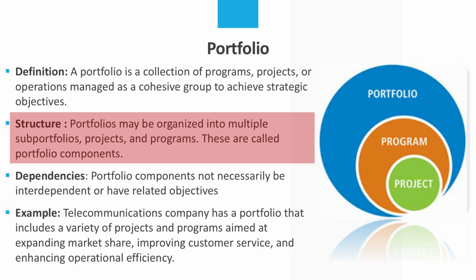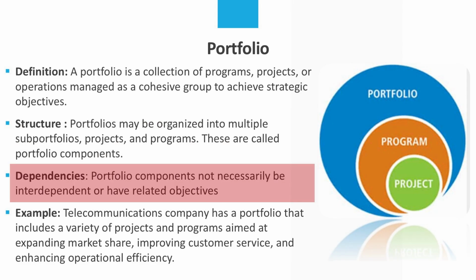It can contain many different types of initiatives, sometimes organized into sub-portfolios, depending on how the organization chooses to manage its investments. What's important to understand is that these components don't need to be directly connected to each other. They may have different goals, timelines, and outcomes. What brings them together is that they all support the same strategic direction.